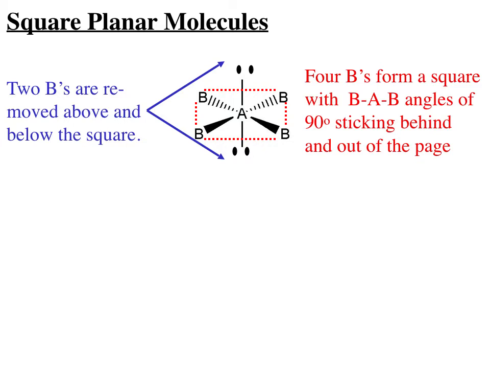Now, it might not seem like it from this orientation that I'm showing here, but all the remaining B's that are 90 degrees opposed to one another with the A can all be placed in the same plane. Hence the name, square planar molecule. Later I'll show a little picture where I do demonstrate the square planar nature of this when I show you some models after we're done with all the structures.